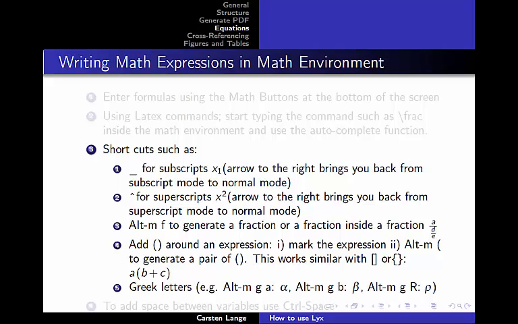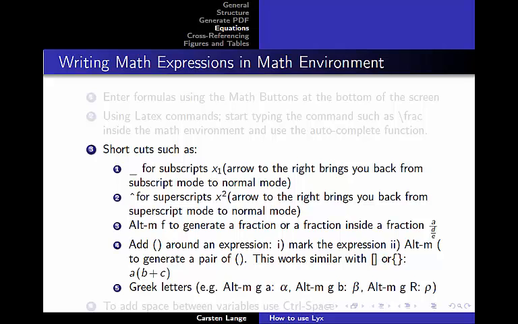If you want to add parentheses around an expression, you first mark the expression, then you use Alt-M at the same time, release these two buttons, and press open parentheses or any other type of parentheses or brackets you want to use. Greek letters are very easy to use too.